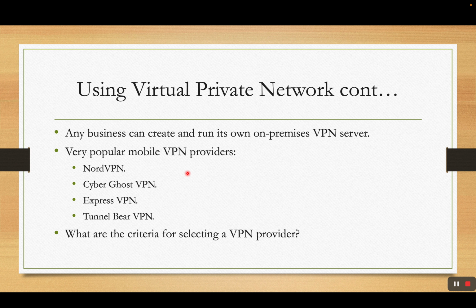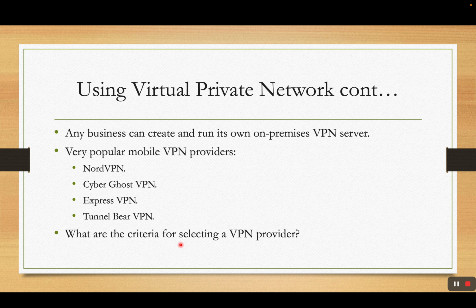But here you could see that we have plenty of VPN providers like NordVPN, CyberGhost VPN, ExpressVPN, TunnelBear VPN. Now, you might be asking, what is the criteria for selecting a VPN? The first criteria is security and privacy features.